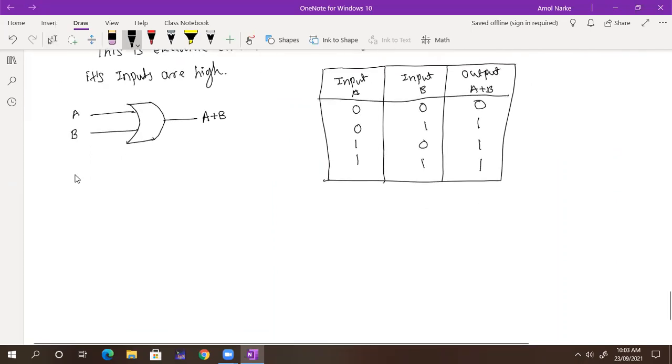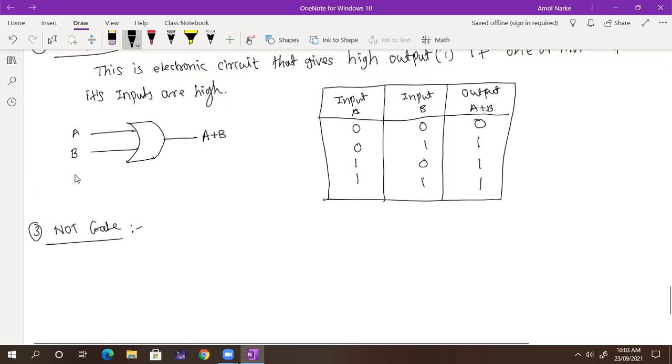Now the third one, NOT. Tell me what I should write down for the NOT gate.